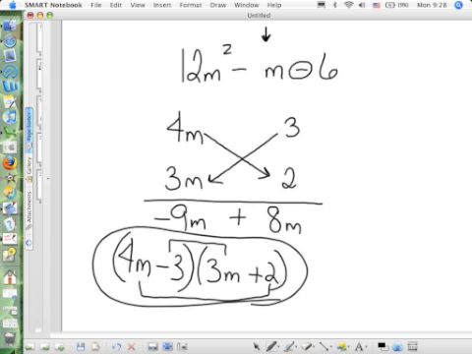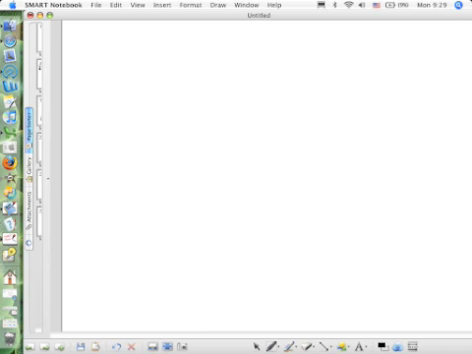28, you had to look for a greatest common factor. 3z squared plus 24z plus 45. Always start by looking for a greatest common factor, especially if there's a number in front of that z squared. Does 3 go into all 3 of those numbers?